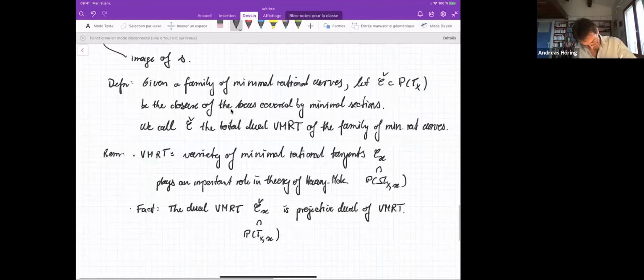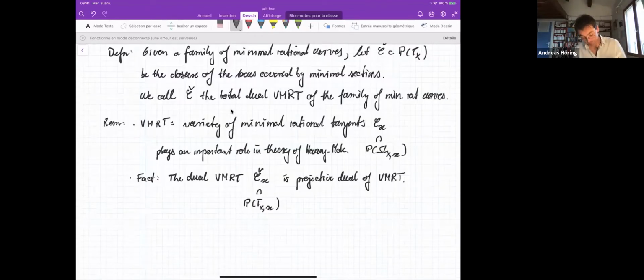Okay, so important remark. If you look at how many minimal sections you have, it looks like you will always get a divisor, but it's not true. It is not always a divisor, but I would say quite often.